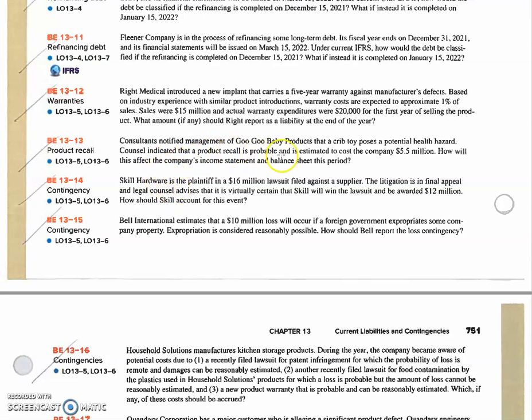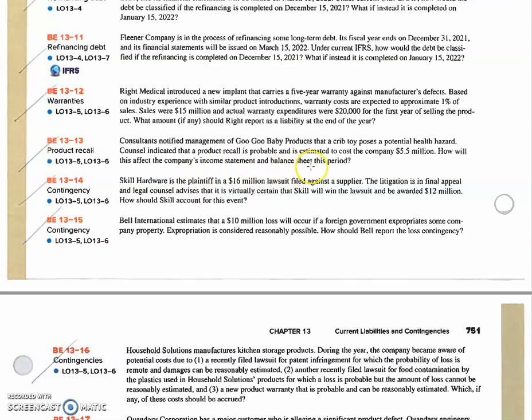Well, a product recall is probable. So the contingency is probable and the amount can be reasonably estimated. You record an expense or a loss and a liability. So how's it going to affect the income statement, the balance sheet? The income statement is going to reflect a $5.5 million loss or expense.